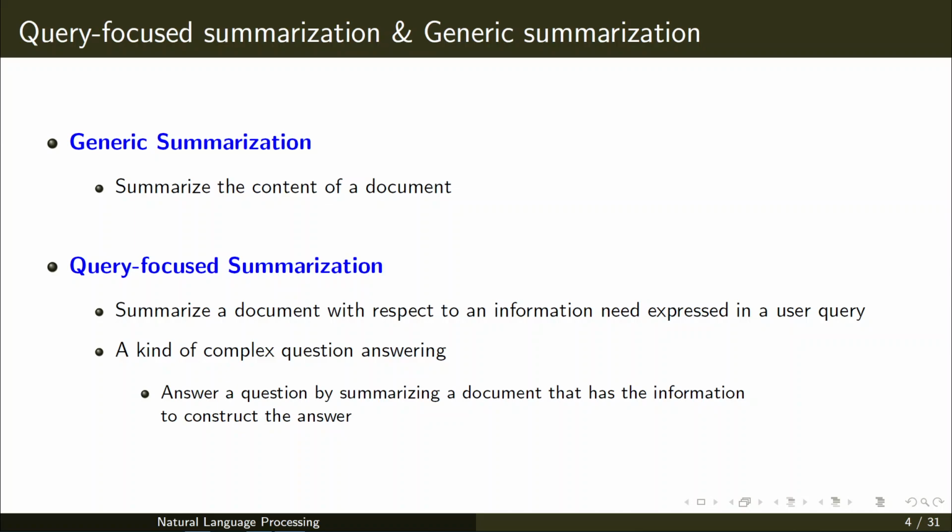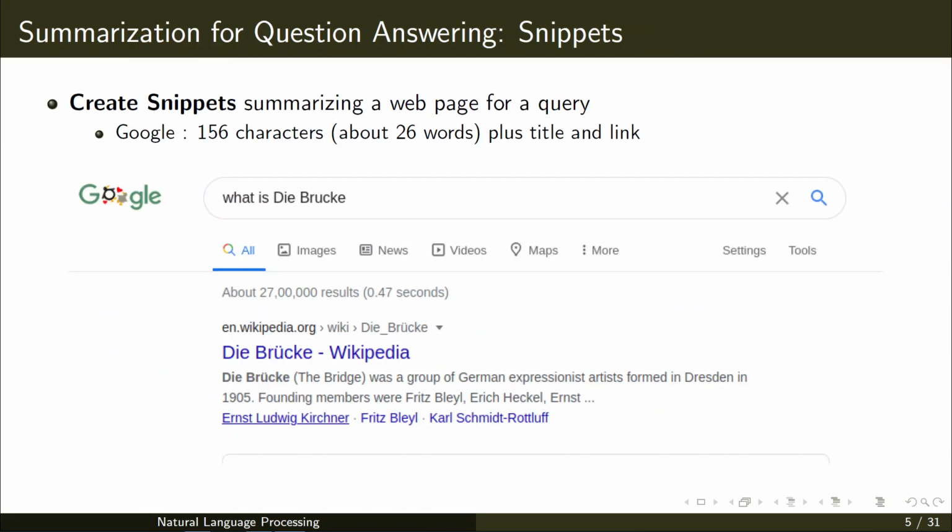So an example is to answer a question by summarizing a single document or multiple documents that have the information to construct the answer. So that is what you mean by generic summarization and query focused summarization. Generic summarization is just to summarize the content of the document. Query focused summarization is somewhat specific, that is, based on the information need given by a user, the summarization will be done.